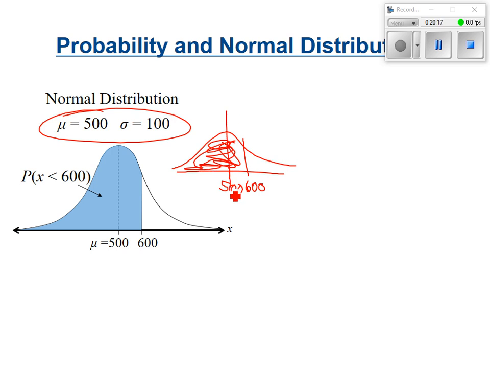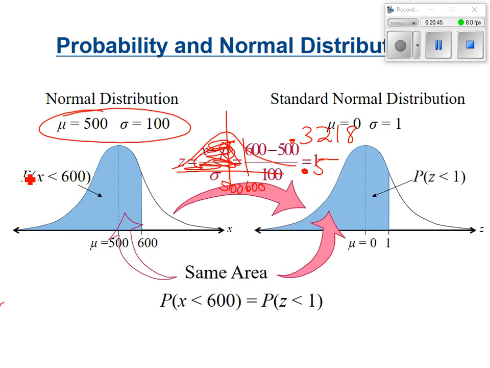So when I get an answer and I come up with something lower, what do I know? I screwed up somewhere. Because I know that my probability should be higher than 0.5. So if you can draw that, it'll make things better for you so you can know for sure that you're not messing up somewhere.